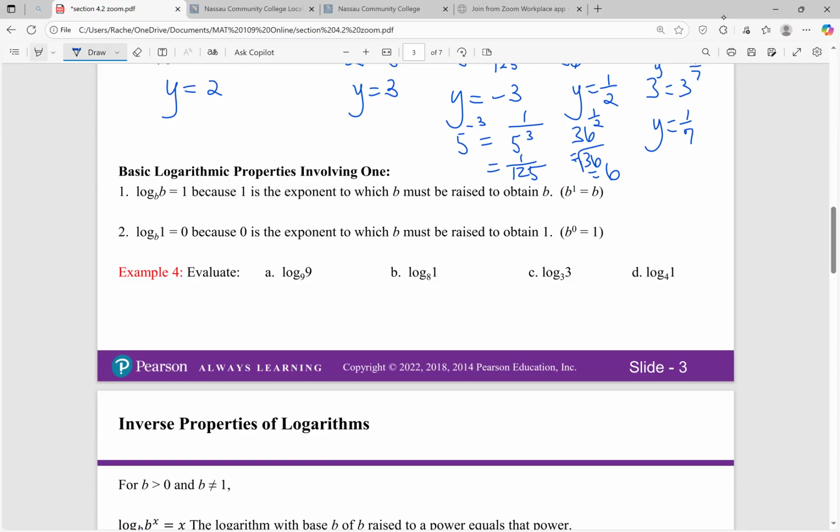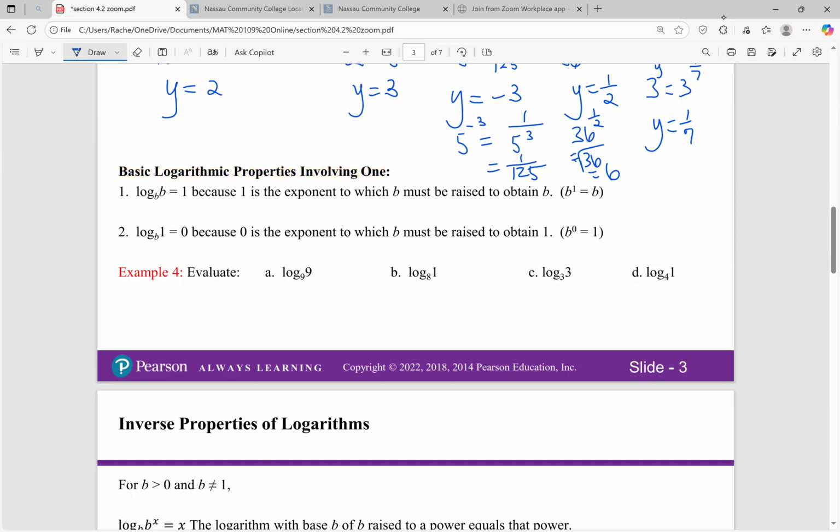Basic properties involving 1. So for example, log base b of b is equal to 1, because 1 is the exponent to which b has to be raised in order to get b, right? So b to the 1 is going to be equal to b.